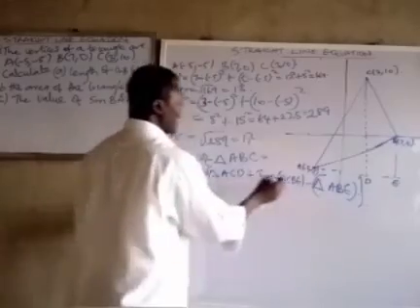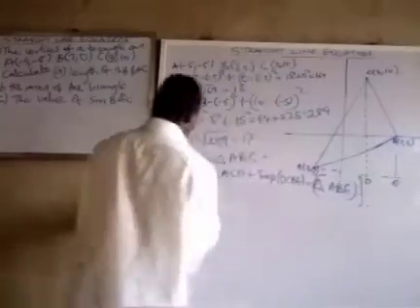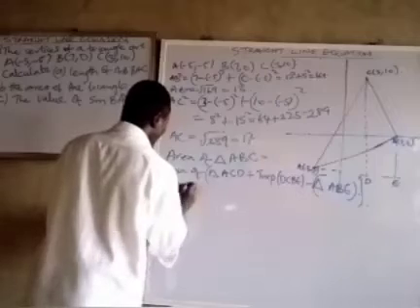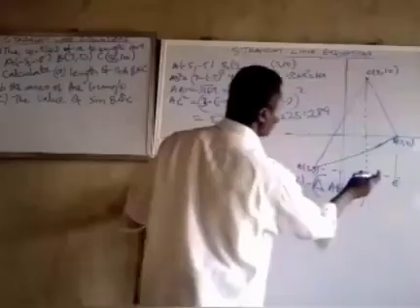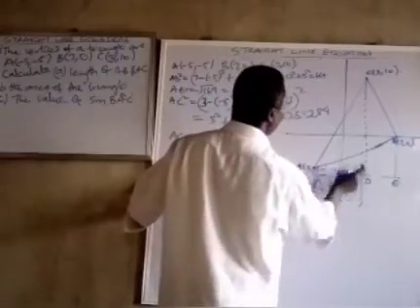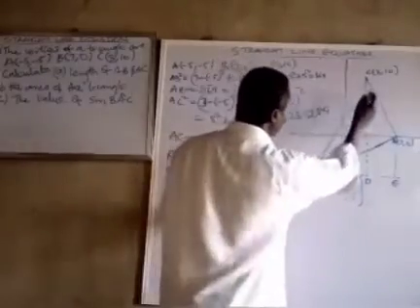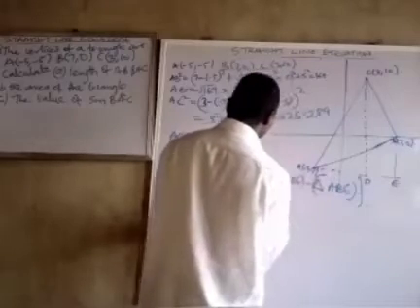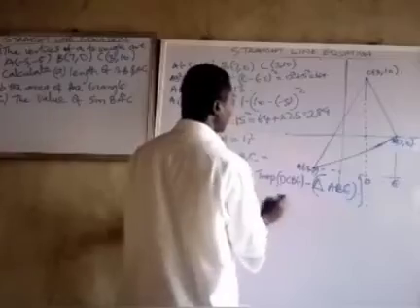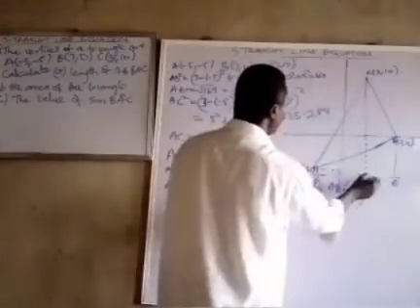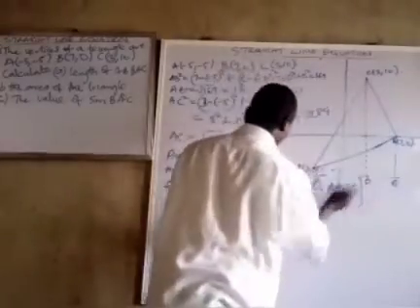What is the area of ACD? That will be equal to half. What's my base? DA. And what is DA? That is 3 minus 5. What is my height? 10 minus 5, from this place to this place.